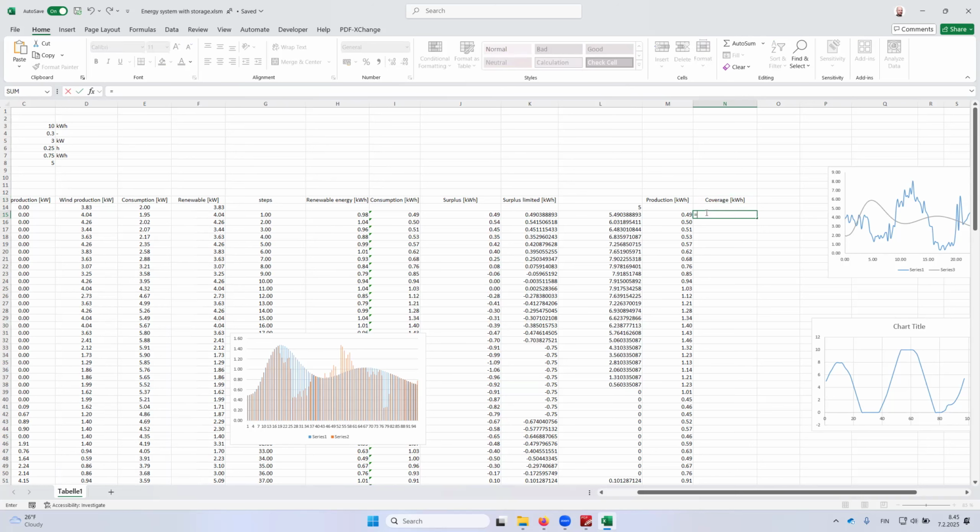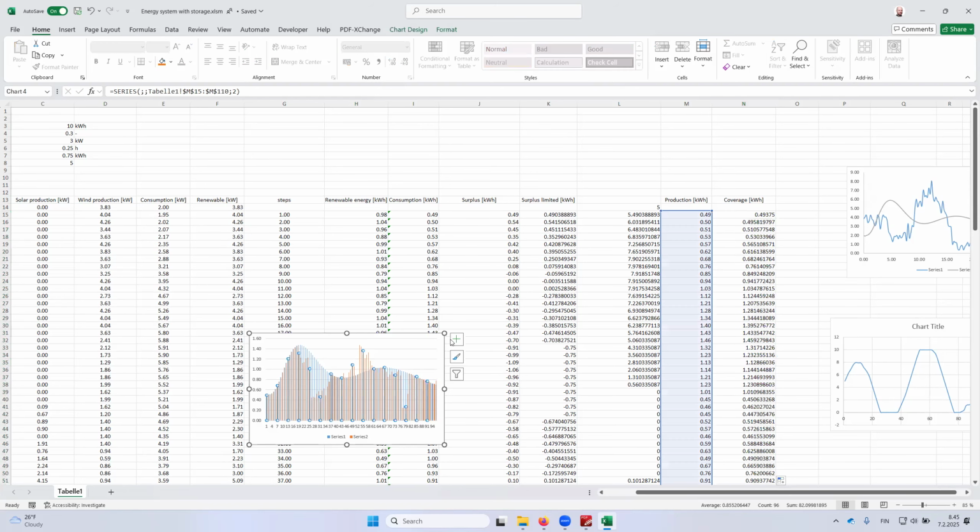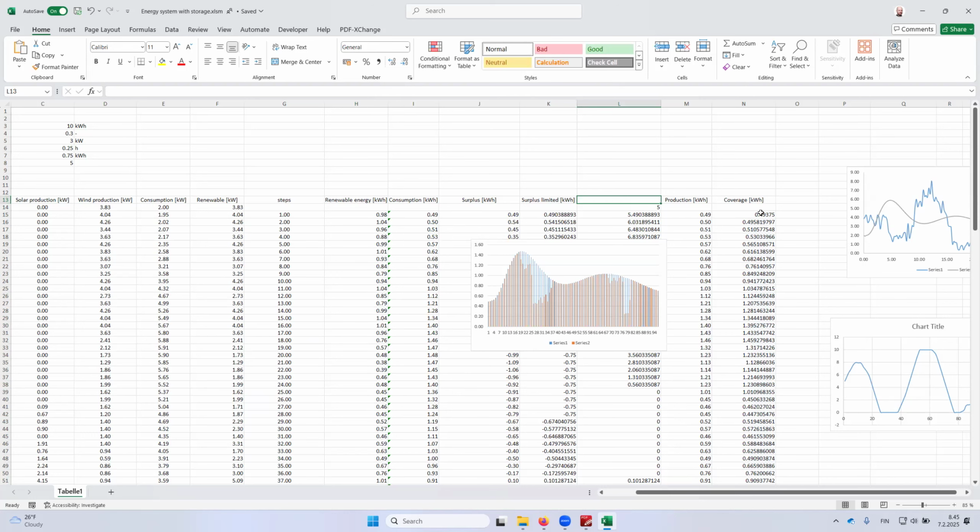So if this value is going to be above the consumption, then you're going to give me the consumption, because it always kind of maxes out in here. We cannot utilize this one. We have to curtail that. And otherwise, it's going to be this one. So let's draw this one to the chart rather like this. So it cuts out everything from above here. So if production is greater than consumption, then you're going to limit it.